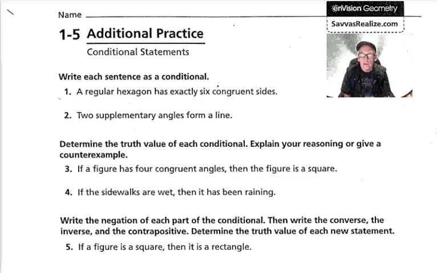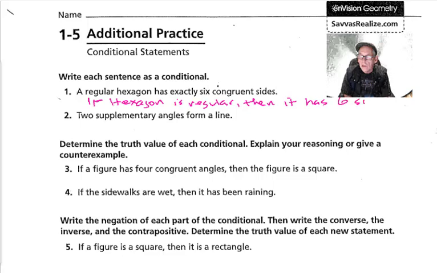So a regular hexagon has exactly 6 sides. So if a hexagon is regular, then it has 6 sides. That would be the conditional form.